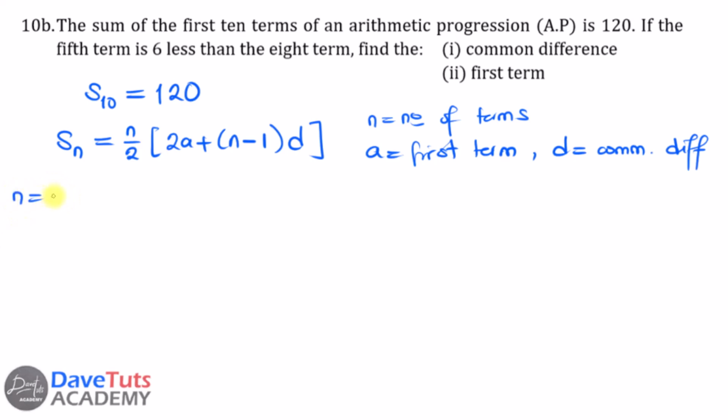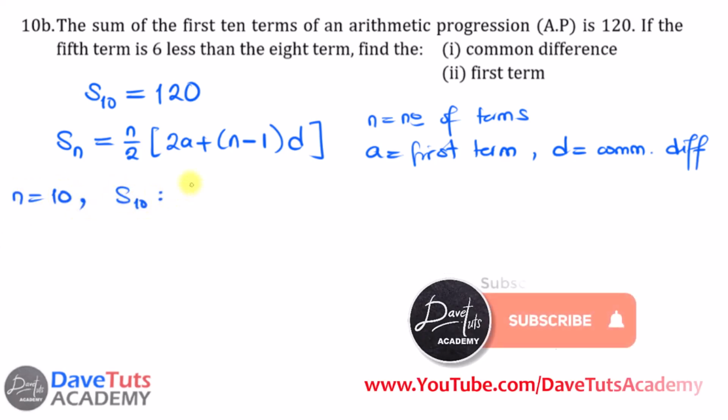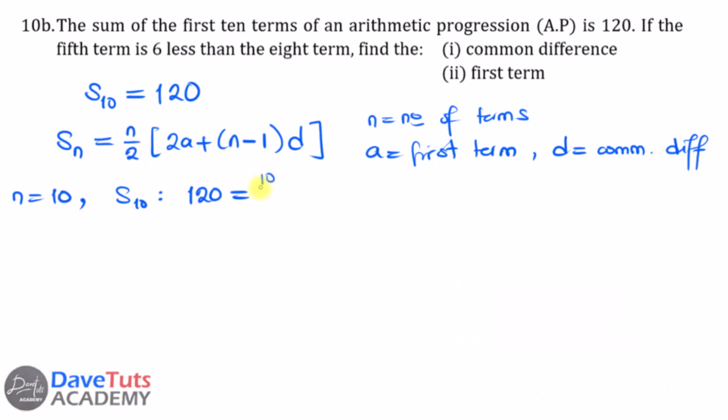For n equal to 10, then what we have is that S10 is now being given as 120, is equal to n over 2, which will be 10 over 2, into 2 multiplied by the first term plus n minus 1, so 10 minus 1, multiplied by the common difference.